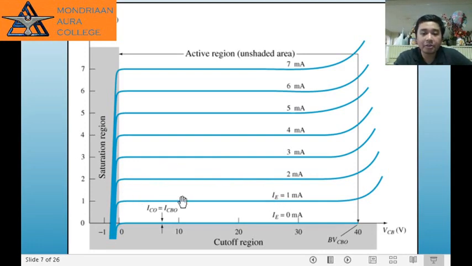For example, itong I sub E equals 1 milliampere. Ano ang corresponding level ng I sub C? 1 milliampere din. For example, meron tayong 5 milliamperes of I sub E. Anong corresponding I sub C niya? 5 milliamperes din. Therefore, I sub E is approximately equal to I sub C. Bakit kaya?